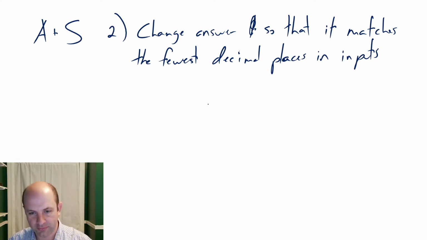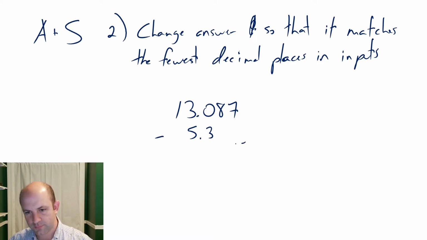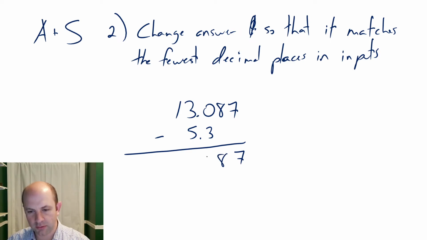So let's do an example there. Let's say we had 13.087 and we were subtracting 5.3. Well, if we do this in our calculator, we would say, okay, there's a 7, there's an 8, we're going to borrow, so that's a 7, 7.787. Okay, great. Because in elementary school, we would just pretend it's a 0.